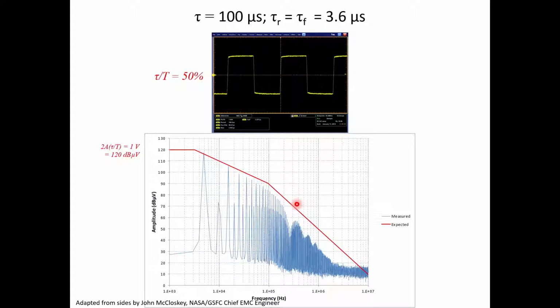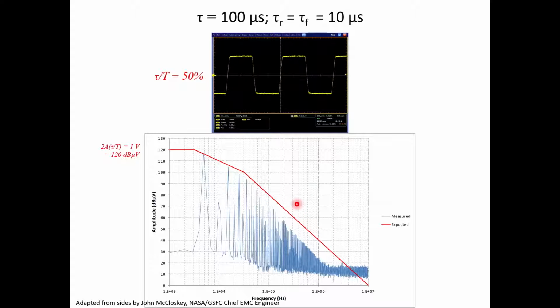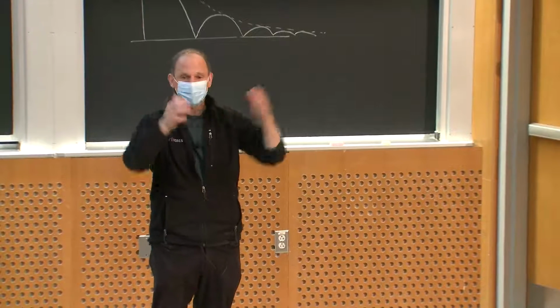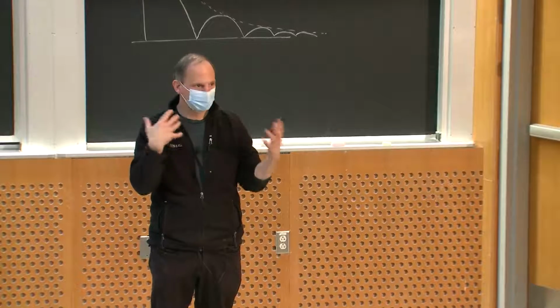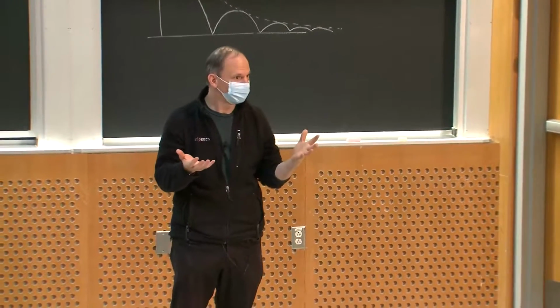Wow, I'm really killing off the high frequencies. If I make it 10% rise time, I'm really killing off high frequencies. Now, maybe in reality I wouldn't let my transitions take that long, or maybe I would. If you looked at the transitions in some of those waveforms we showed you in the last class, they were pretty slow compared to the switching period, right? Because you're using it to get the ZVS, all right?